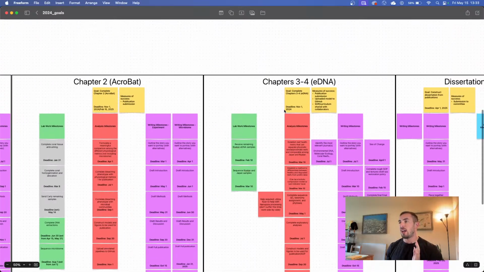The reason I have chapters 3 and 4 here for data, originally our sediment project that we did was supposed to be 2 individual chapters. But because of the logistical challenges that we faced, and resultingly only had Japan sediment samples, we could only do 1 of the eDNA chapters.